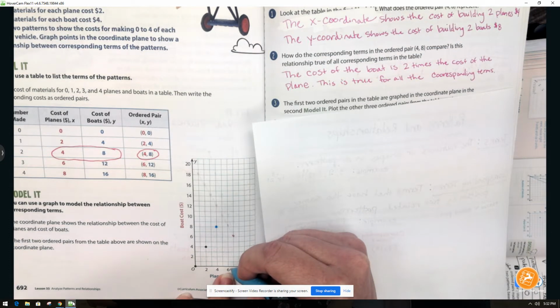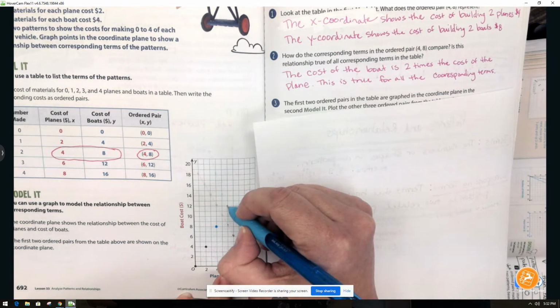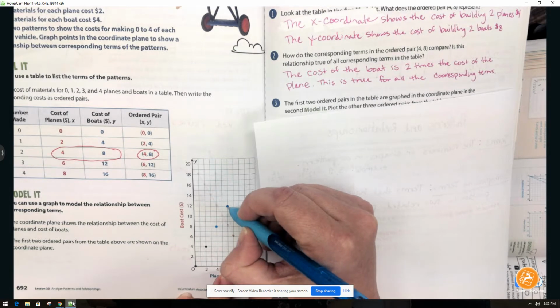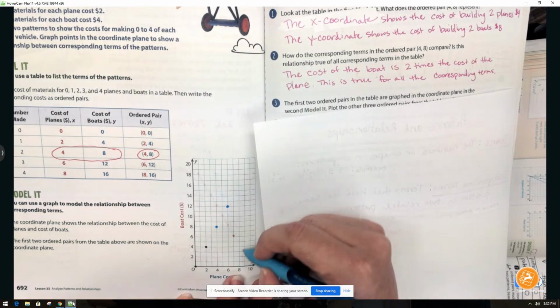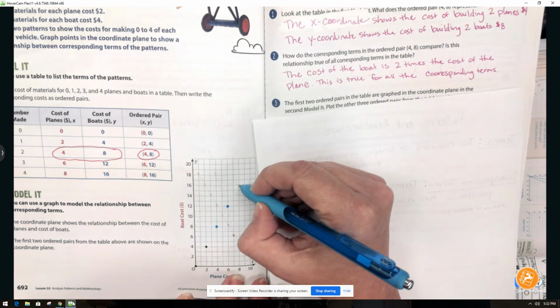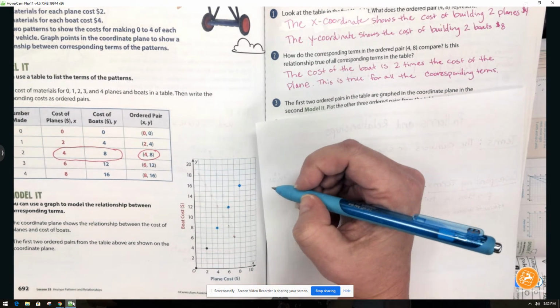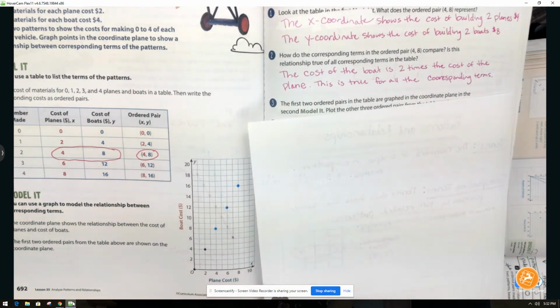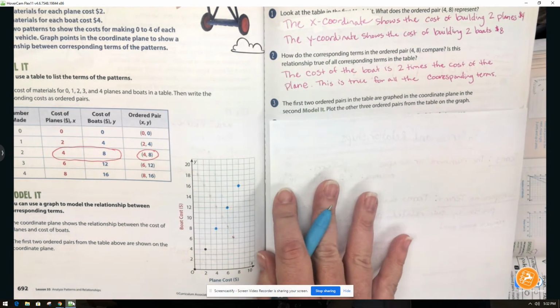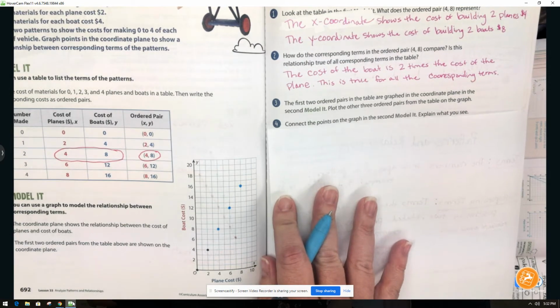When the x value is 6, the y value is 12. And when the x value is 8, the y value is 16. So again, this one looks a little bit different than ours, but remember, we're comparing the cost of the plane to the cost of the boats. It's a little bit different than what we did.